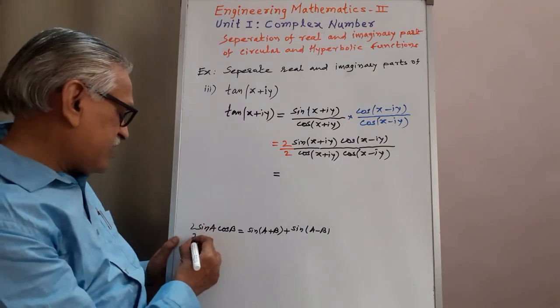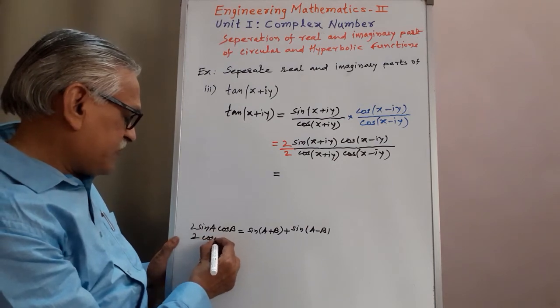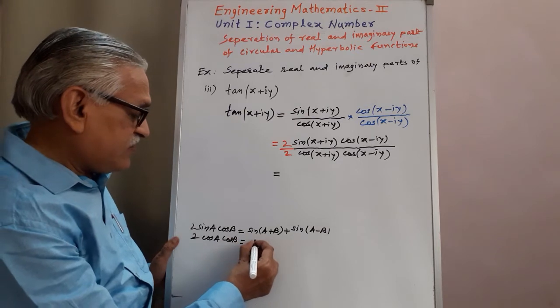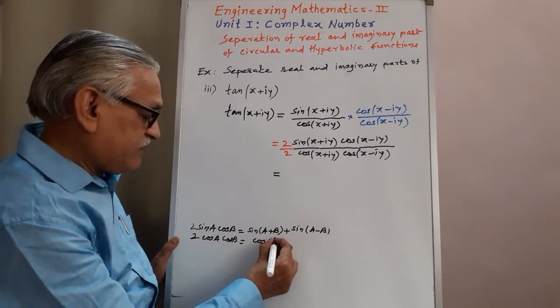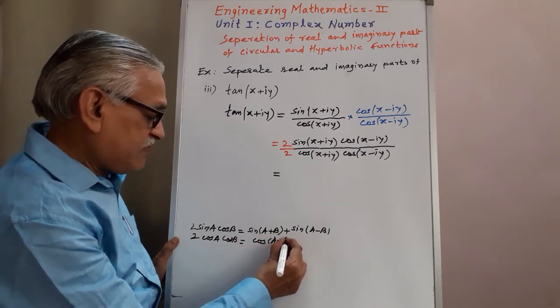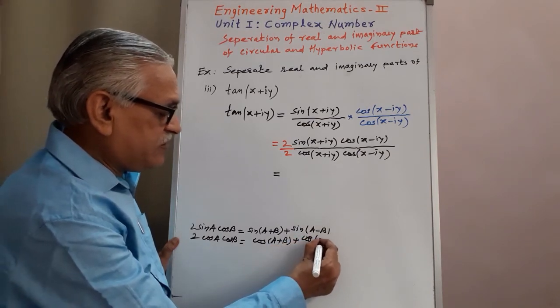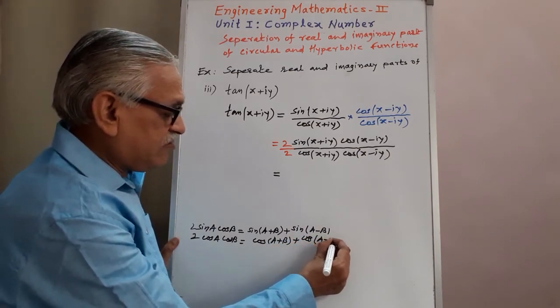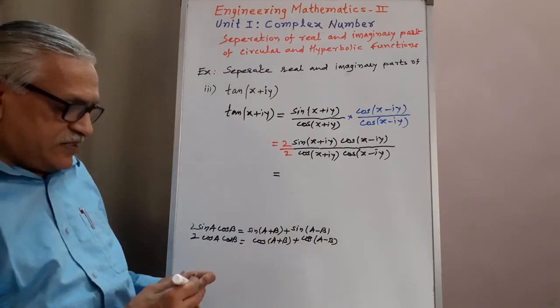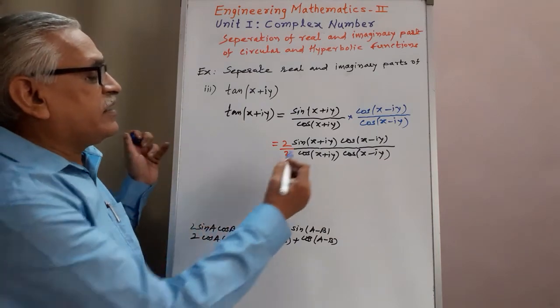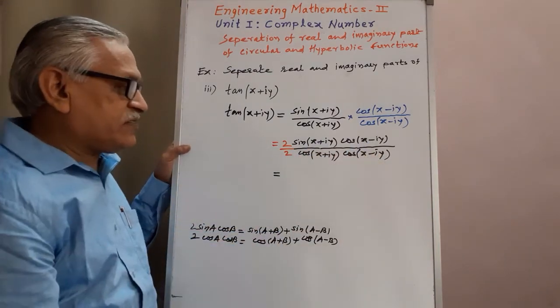And second result, 2 cos a cos b as cos a plus b plus cos of a minus b. Applying this result, we get, here a is x plus iy and b is x minus iy.